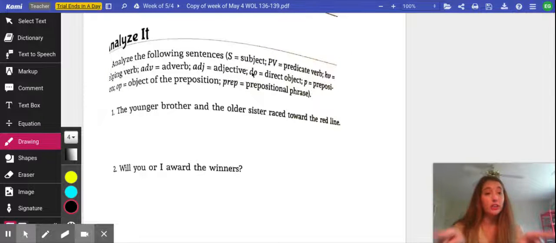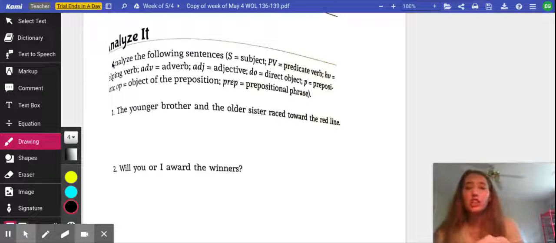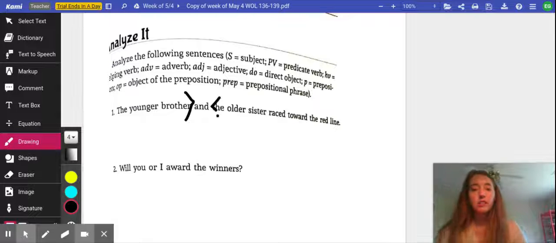It's just the little wings, and so that's why it's not listed up here. Okay, so let's read sentence 1. The younger brother and the older sister raced toward the red line. Now, is there a conjunction in this sentence? That's our first thing to look for now. Yes, the conjunction and is here. Okay, and that's all we do for our conjunction.